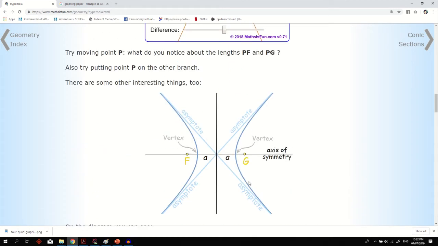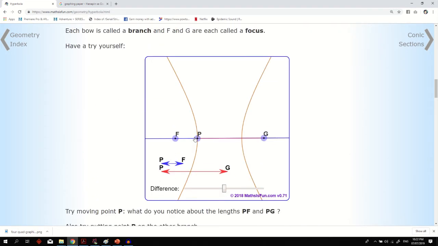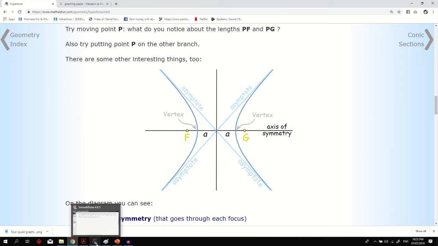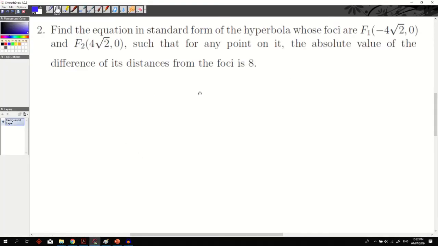So this difference is the distance from the vertex to the center and the center to another vertex. Okay, let's go back to the question.